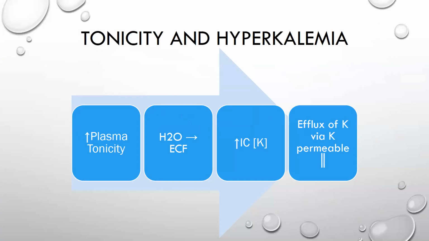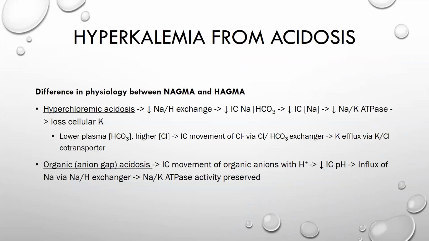Then the concentration of potassium inside the cells gets relatively high because water is leaving. Concentration is the solute divided by water. Because of that, you have an efflux of potassium through your potassium permeable membranes. So tonicity itself can affect it from that standpoint.